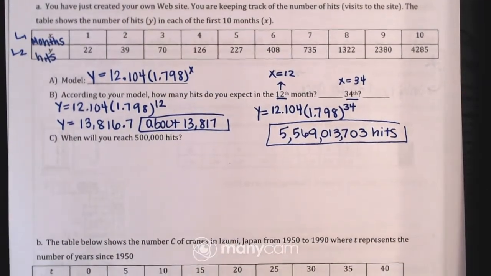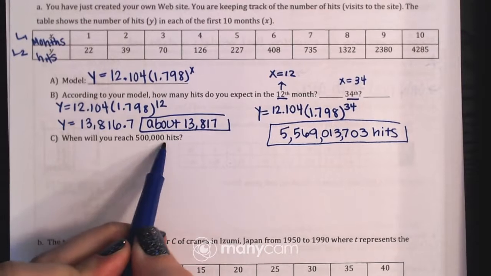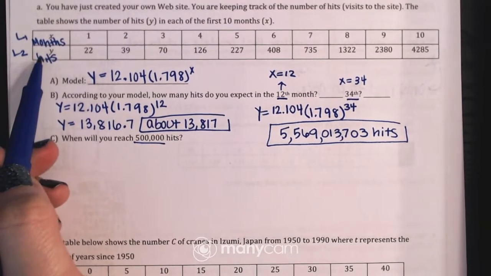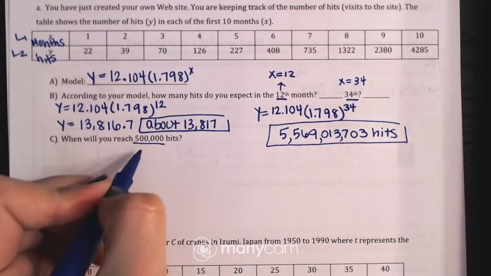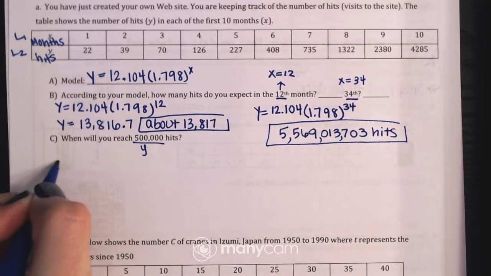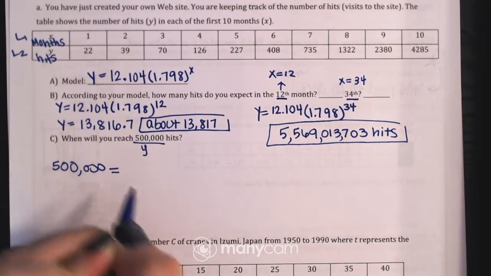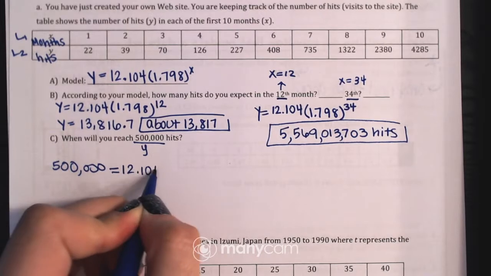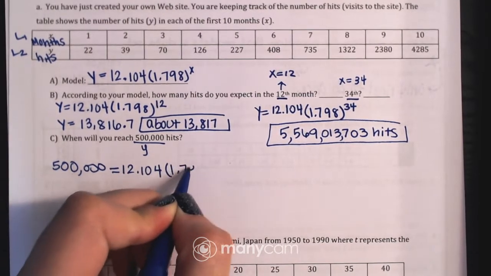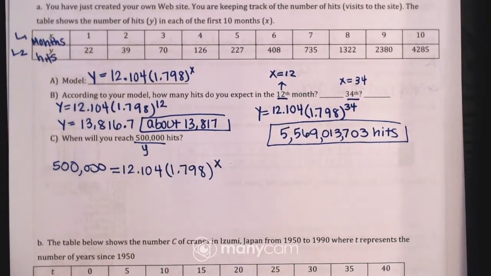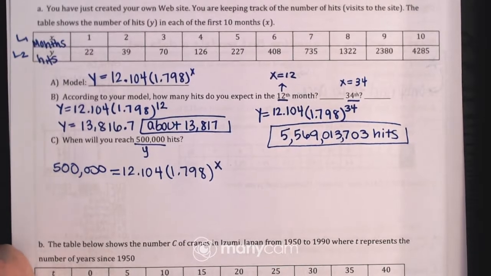Now our next problem says, when will you reach 500,000 hits? So this time we know the value of the hits, so we know y, we don't know x. So we'll plug in 500,000 for y equals 12.104 times 1.798 to the x power. So again, we'll use our logs to solve this.